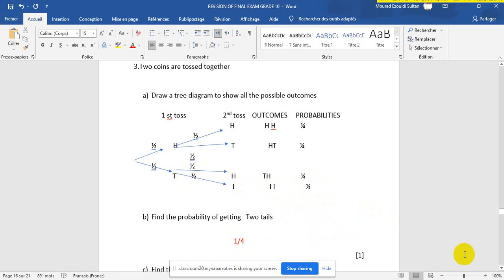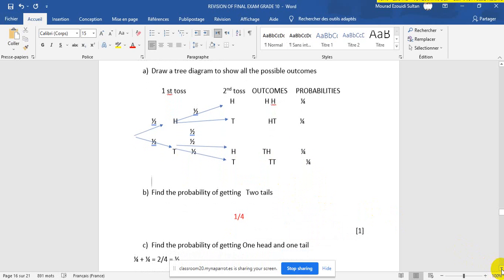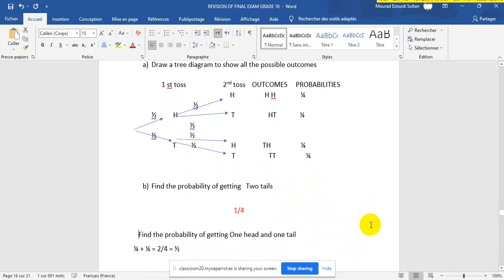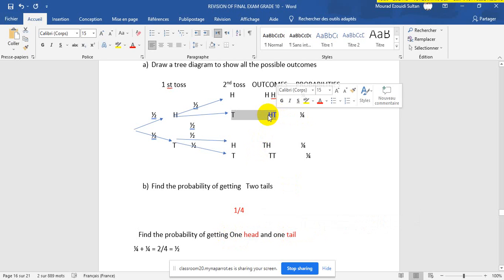The second question: find the probability of getting one head and one tail. Getting one head and one tail means this one first, and that one also.